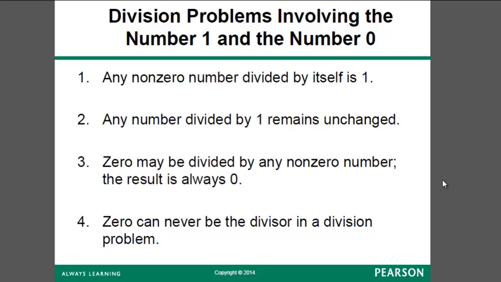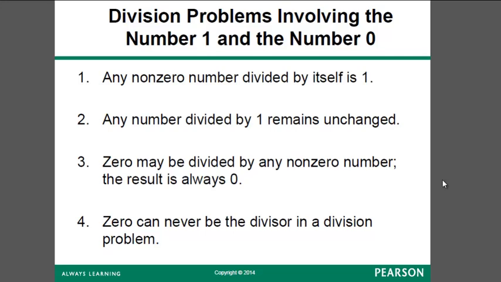That's not possible. The smallest amount that I could have if I start out with 7 pieces of pizza is 1. I divide it equally into 7 pieces. I cannot divide it by 0. That is considered an undefined possibility.